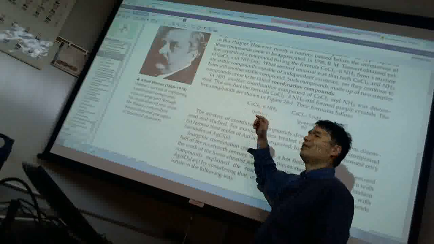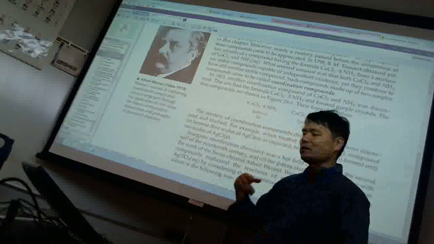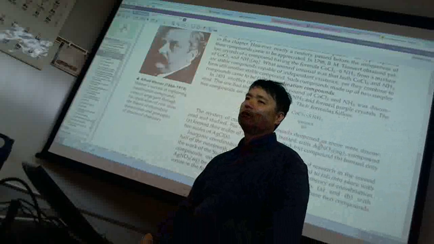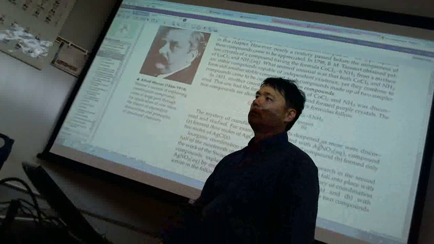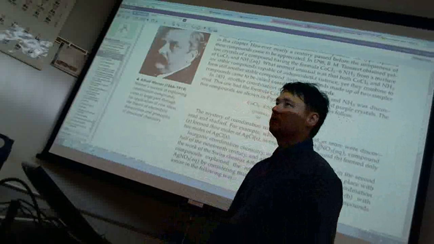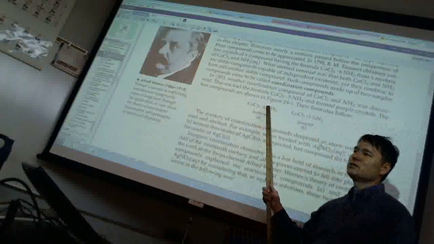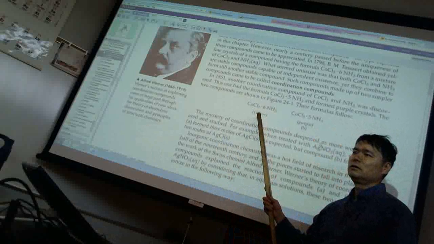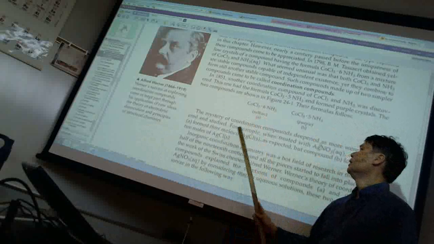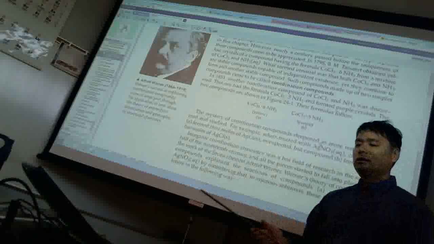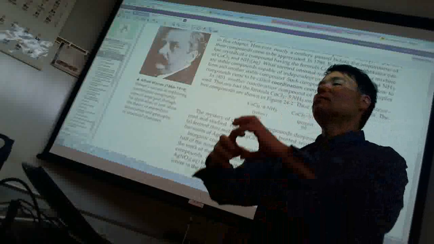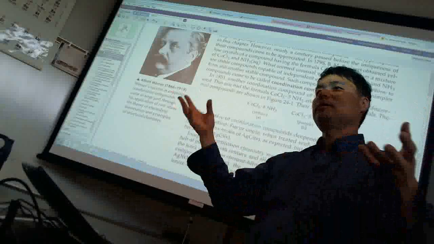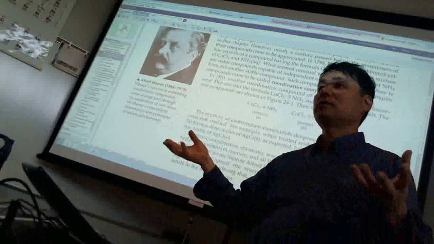What if I dissolve this? Is cobalt-3 chloride soluble in water? I'm going to try to make this quick. Yes, chlorides are all soluble except for silver, lead, and mercury. And so if I dissolve this, by dissolving it's going to break apart the lattice and free up the ammonia.